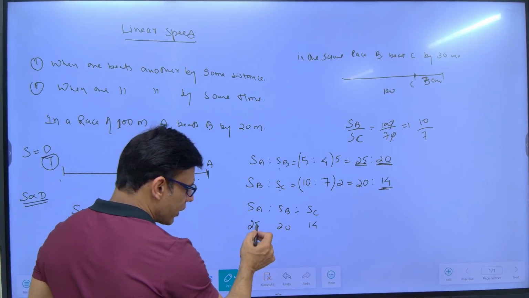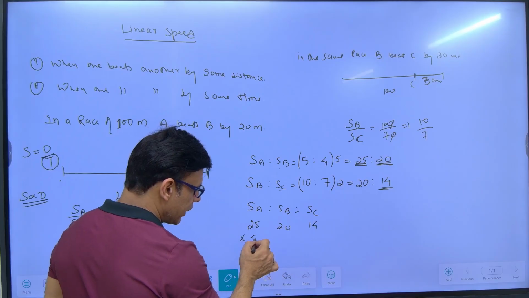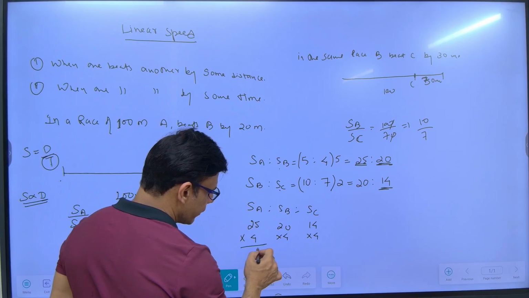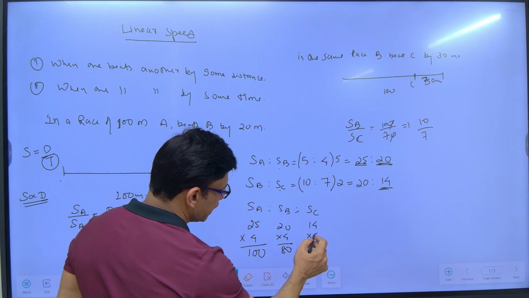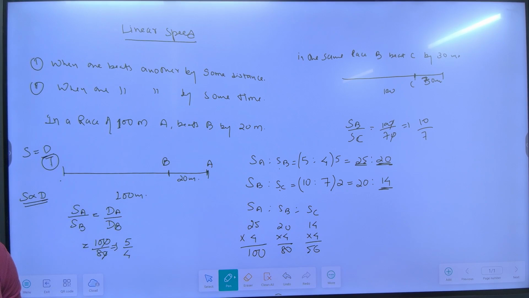A is running 25, and at that time C is running 14. It has to run 100, so multiply by 4. 25 times 4 is 100, this is 80, 14 times 4 is 56. That means in the same race, A will beat C by 44 meters, or not? When A is running 100, C is running only 56. So A is beating C by 44 meters.